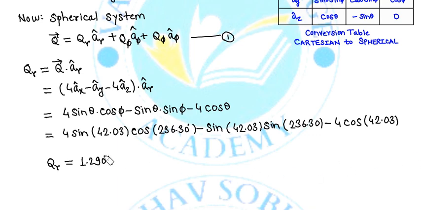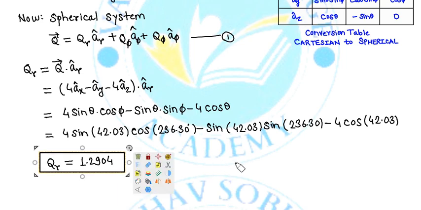So this is the very first element that we need to find. Assign some equation number to that one. Here in this case, I'm going to say it to be 2. So this is your Qr.